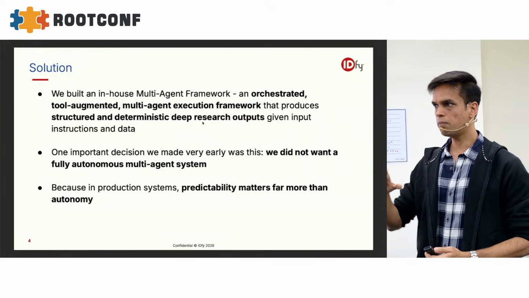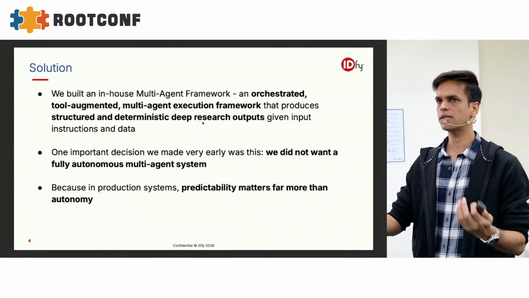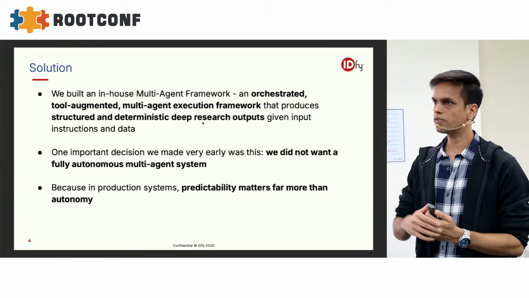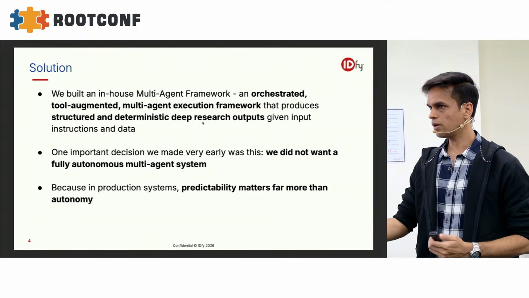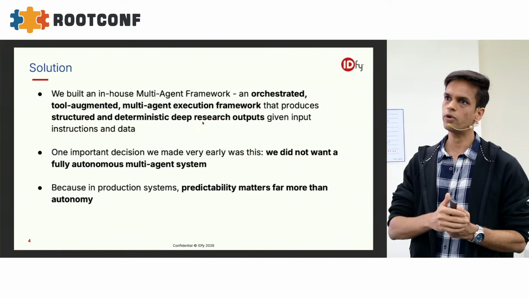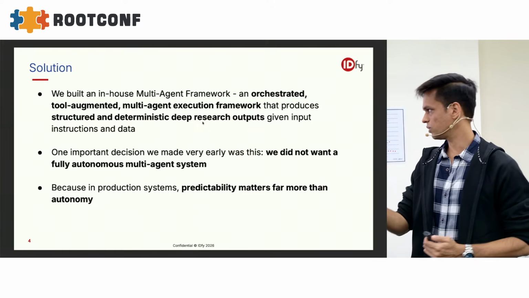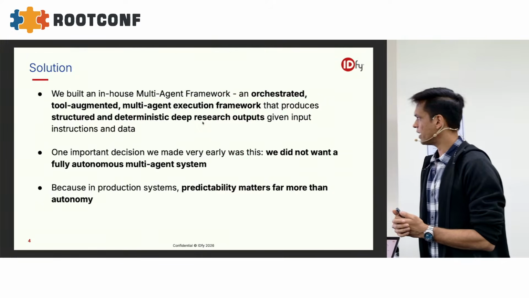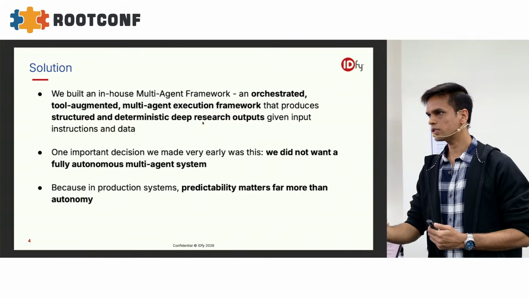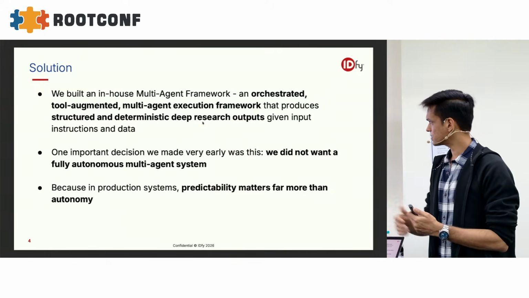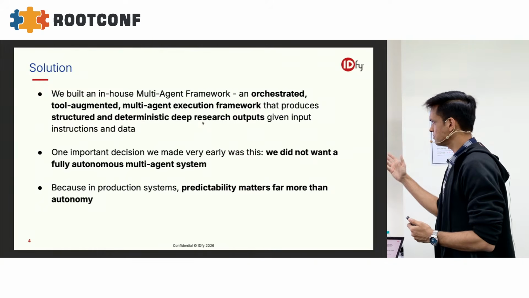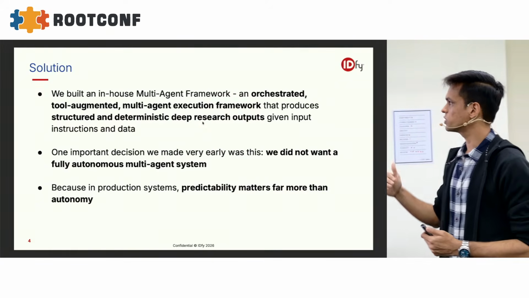So we built an orchestrated engine, or an orchestrated service, that deals with coordination of how agents talk together, and how they execute in a given workflow. We have a lot of tools that we have built, agent tools, which agents leverage to do their task. And I think the second point is also very important.